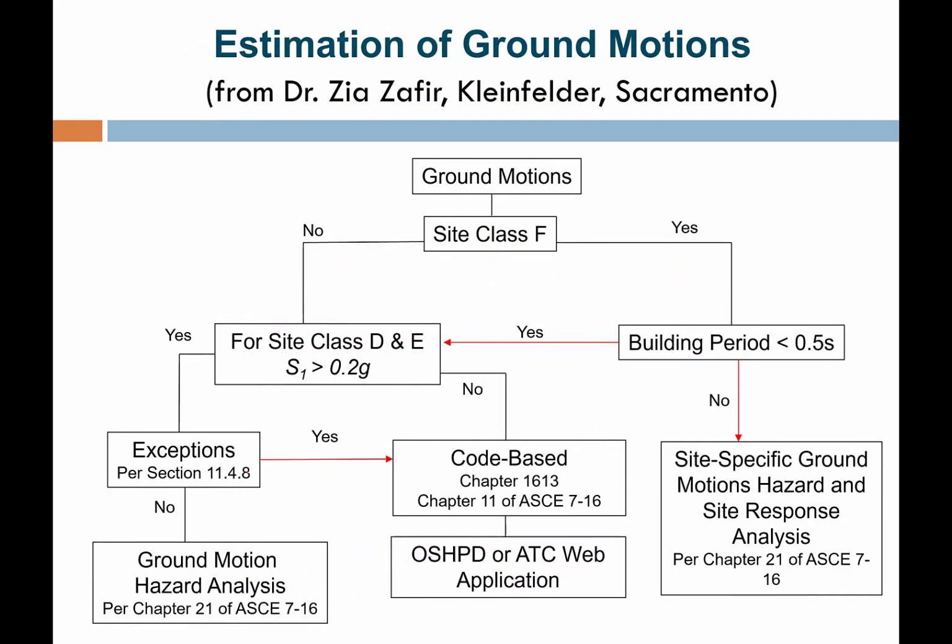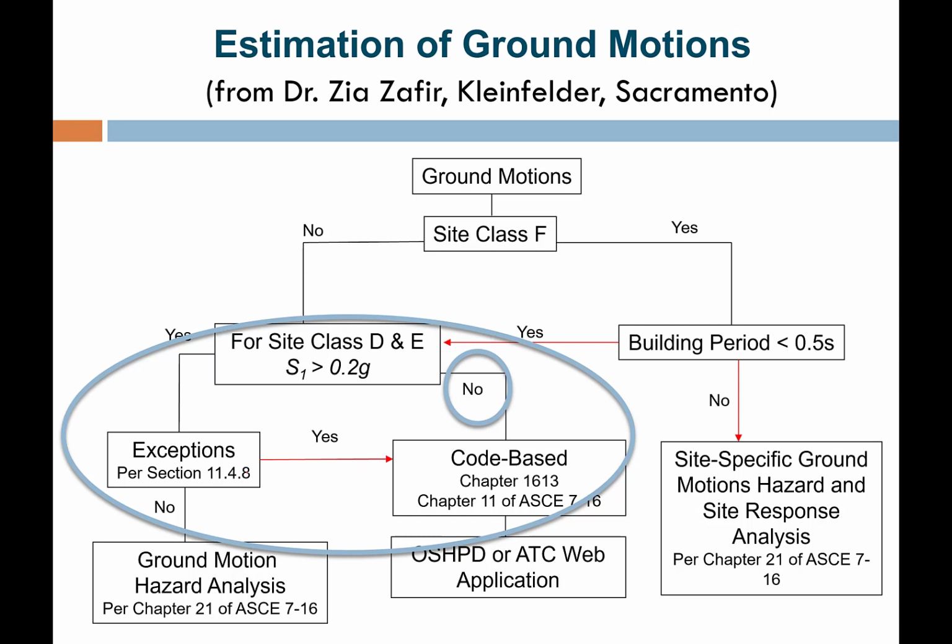Okay, so here we are. We're back at our flow chart. We've determined our site class. And so now we have to look at these different questions related to ground motions, the S sub 1 ground motions in particular. Let's look at this portion of the flow chart here.